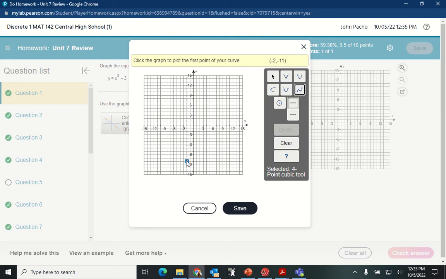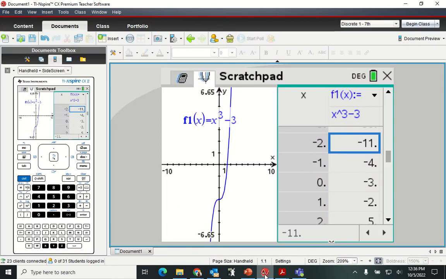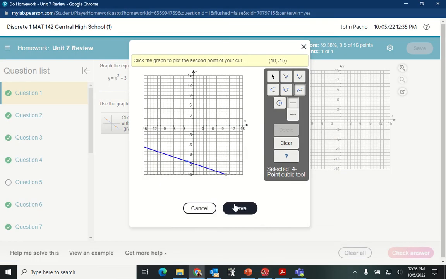So let's go ahead and click that. The next one was -1, -4. So let's go find -1, -4. There we go.